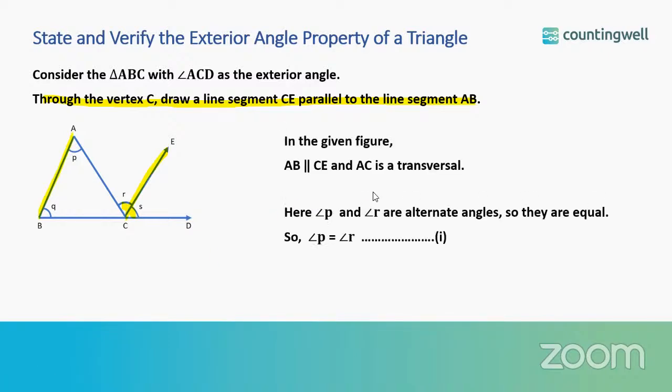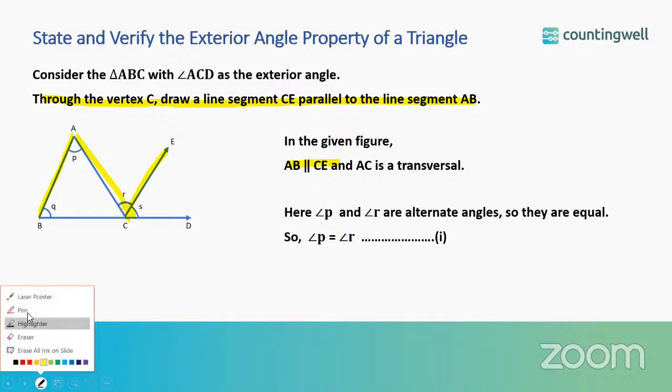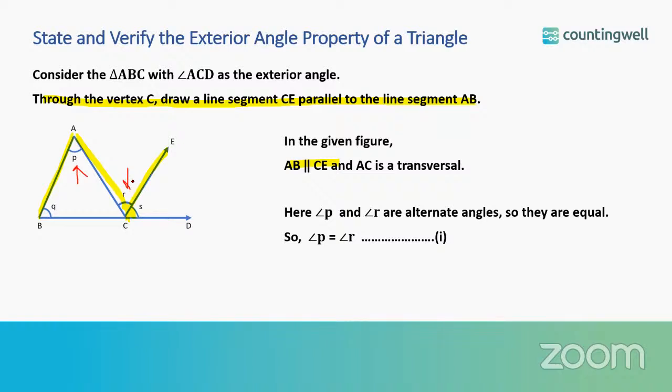Now in the given figure, what we have, AB is parallel to CE. This is by construction, and AC is the transversal. So let me show you where is AC. So AC is transversal. What can you say about the angles P and R? So here you can see the angles P and R. They are nothing but the alternate angles.